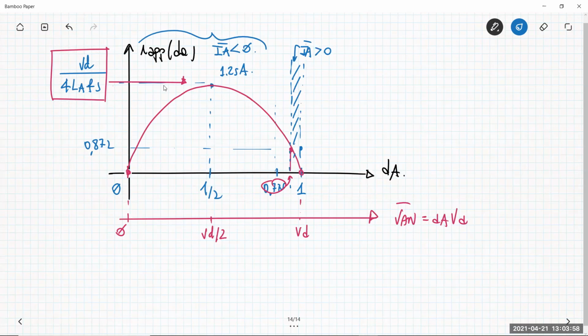Here, the AC contribution at this point for duty cycle 0.77, IA was 5 amp.